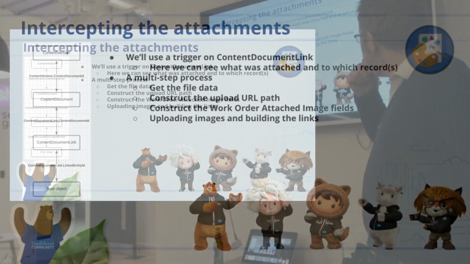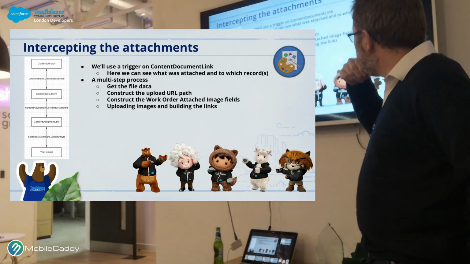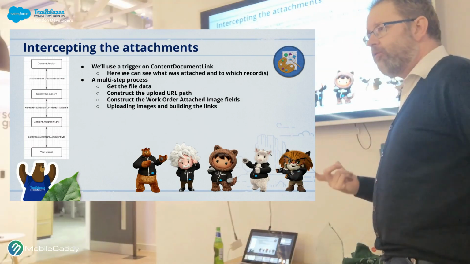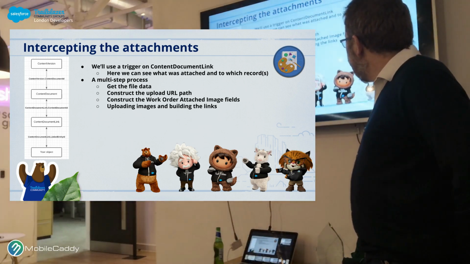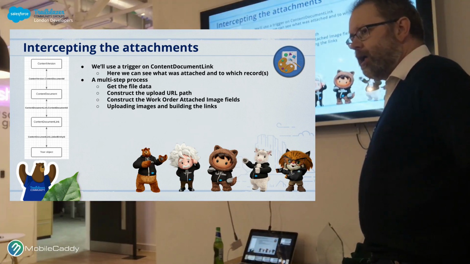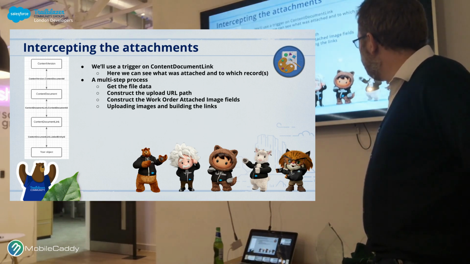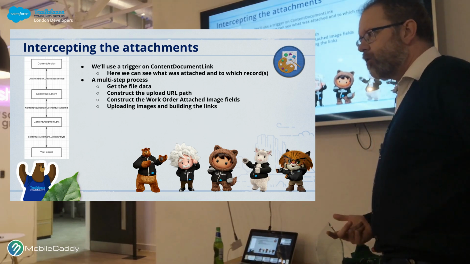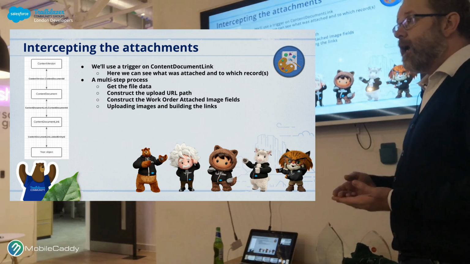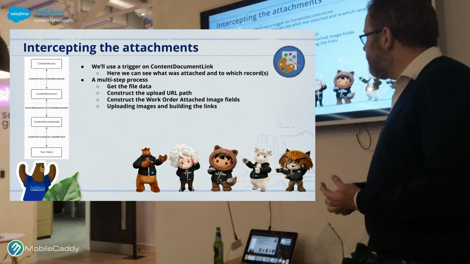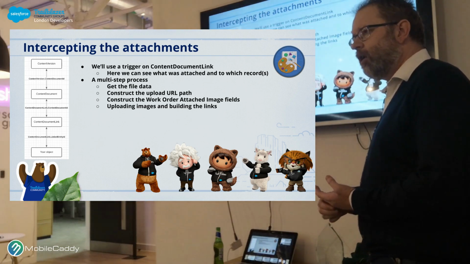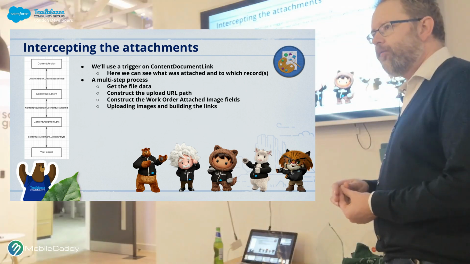So what we do from that is we walk that object model and go and get the actual binary data out of the content version. We then construct a URL path to upload that image. The image handler that's on that CloudFormation stack that we built takes all the parameters, including an encoded version of the file.